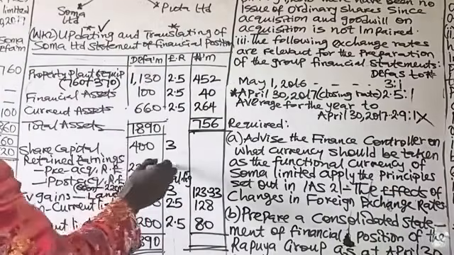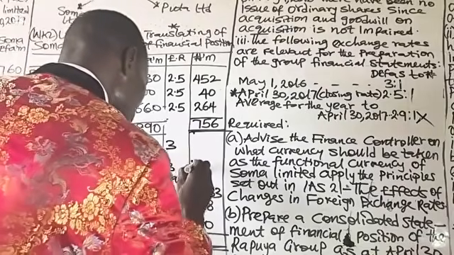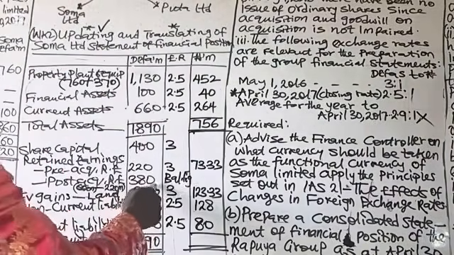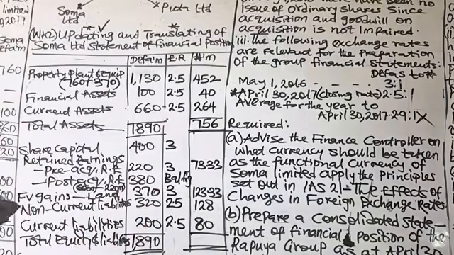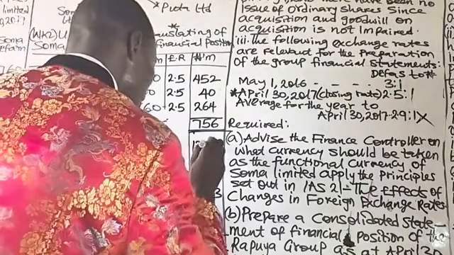Then 220 divided by 3. That gives us 73.33. The only thing that we've not known is the post-acquisition. We said that one must be the balancing figure. 400 divided by 3. That gives us 133.33.